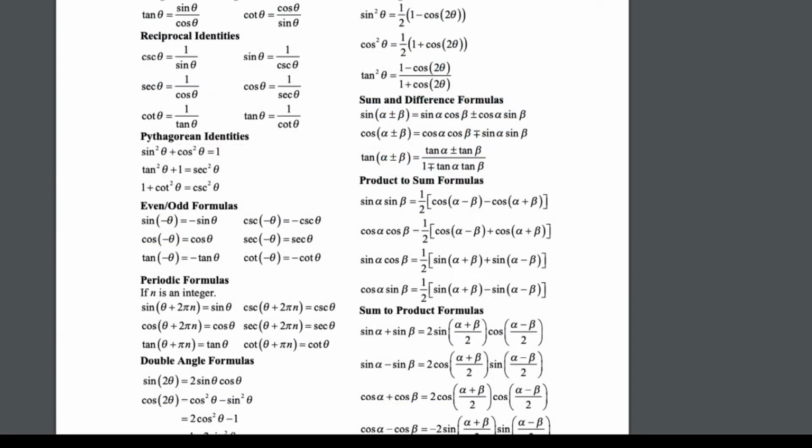Sine of a sum. What is that going to be? Sine cosine. Now, is it plus or minus? Plus. So this will be sine cosine plus cosine sine.